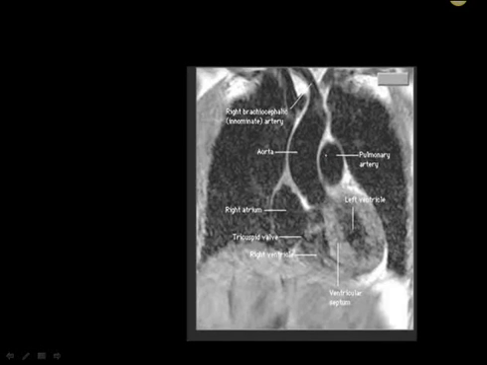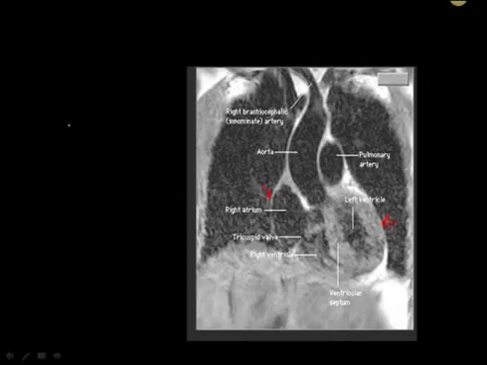All right, this is showing you an MRI in the coronal projection. Now, I don't want to get into a real lot of heavy stuff here, but just briefly, I want to call your attention again to the difference between the myocardium versus the right atrium versus the left ventricle.